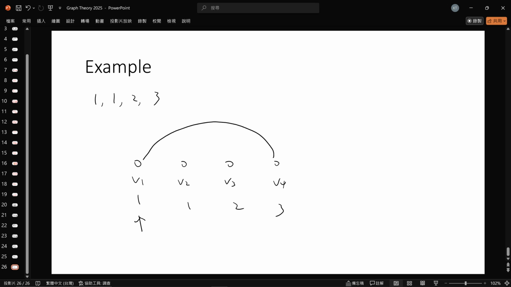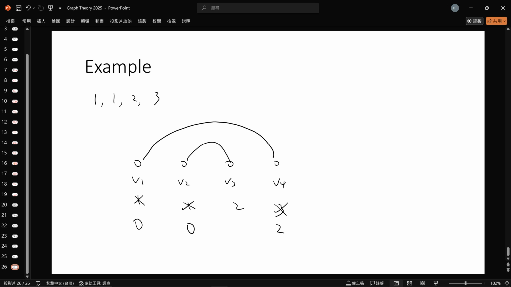So we're going to pick V4 because it has the largest target degree. And then let's pick V2. In this case, we can pick either V3 or V4, because they both have the largest target degrees. So we can break ties arbitrarily.